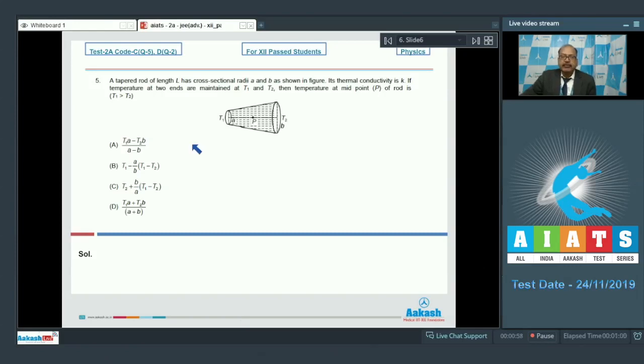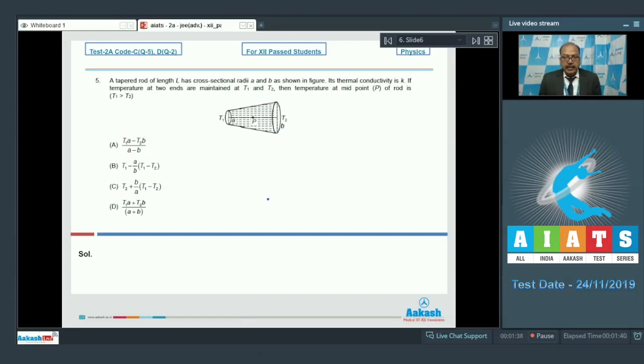Well, the idea is that we find an expression for the rate of heat flow through this tapered rod, and based on that we find its thermal resistance, and then we find thermal resistance of each half, P being the midpoint, so the left half and the right half, and then we find the temperature of point P.